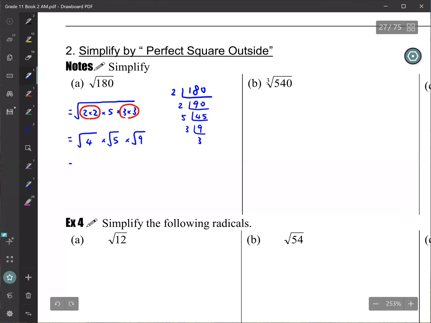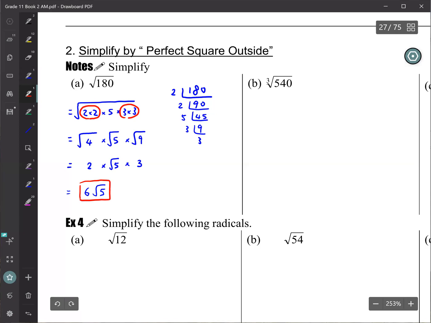And the reason why we do that is when the perfect square meets a radical, it cancels each other out. So it just gives you the 2, and then the square root of 9 just becomes a 3. So the radical disappears. The only thing that's still left inside is a 5, and that is not a perfect square. That's our goal, right? And that gives you a 6. So your final answer looks like this.